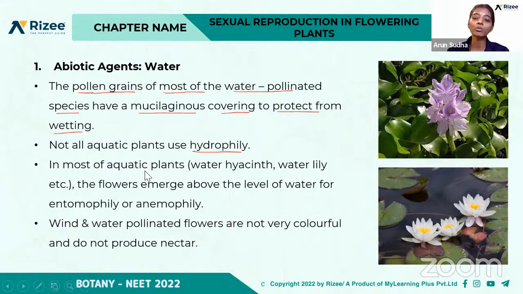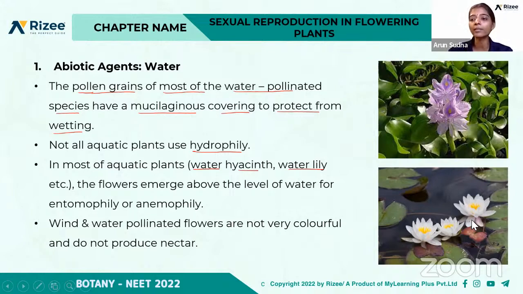They do not use water as a pollinating agent, because some of the plants like water hyacinth and water lily, in these cases, the flowers emerge above the level of the water. If you see the flowering plants which are present in the water, right, they are present on the surface.